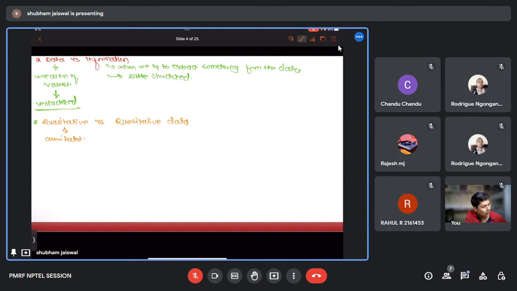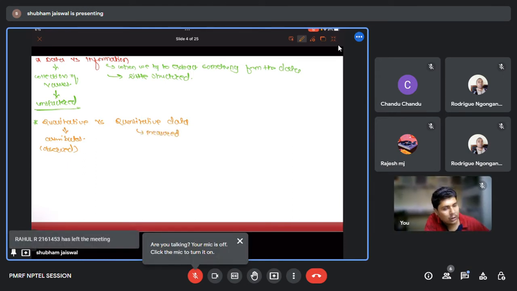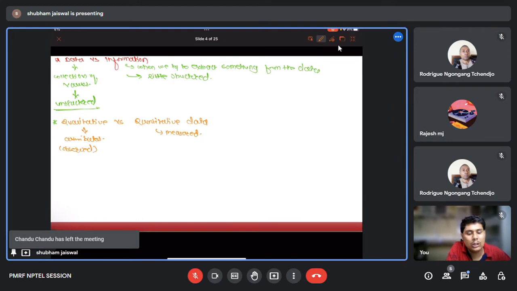Okay, and it is generally the observed one, like whether it is long, short, overweight, underweight, like that. And the quantitative data is the measured one, like we consider values. If we are measuring something, we are getting the quantity.